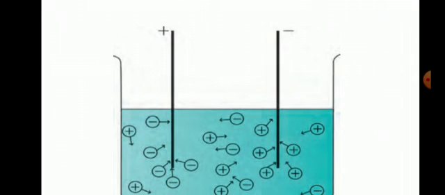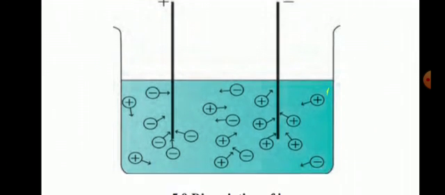There is a mobility of positively charged cations towards the negative electrode or cathode, and on the other hand negatively charged anions move in the direction of the anode, and this movement of ions in the solution towards the respective electrodes amounts to the conduction of electricity through the solution.